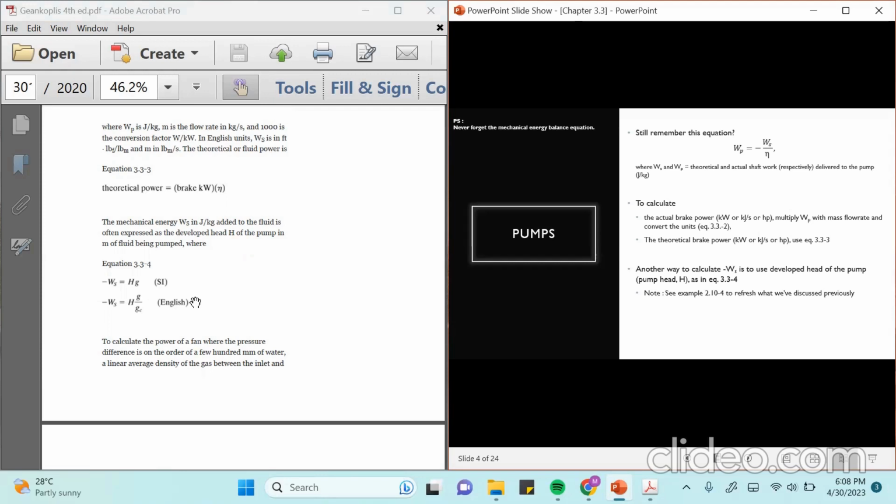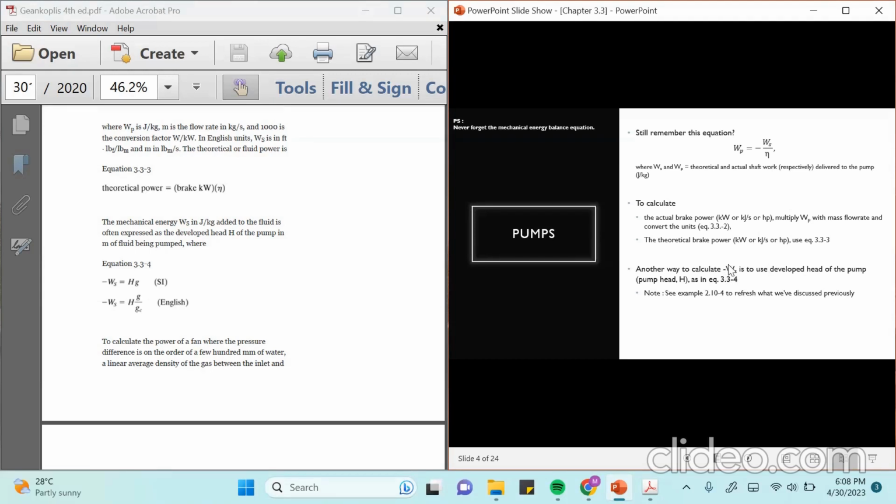So like, how many meters? They will ask for meters. Meter is a unit of height, right? It's H.